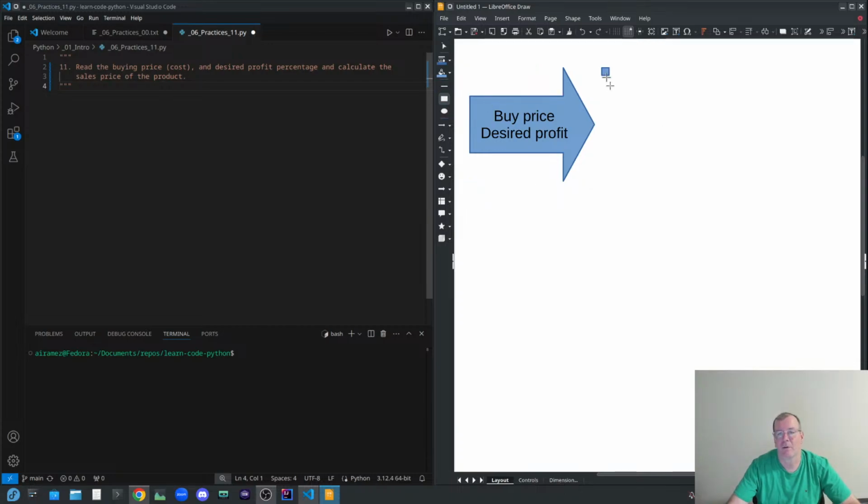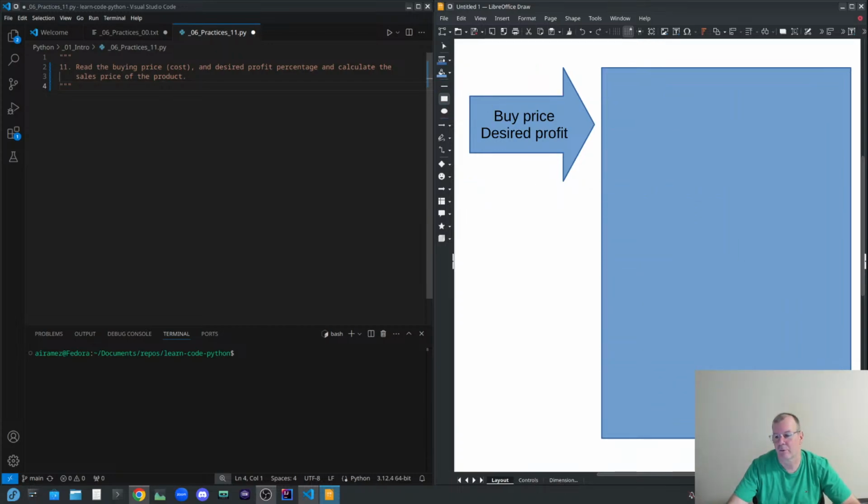Here will be our program, and what is our output? Our output will be the sales price, the price that we should sell our product that we bought for this price to reach this profit.